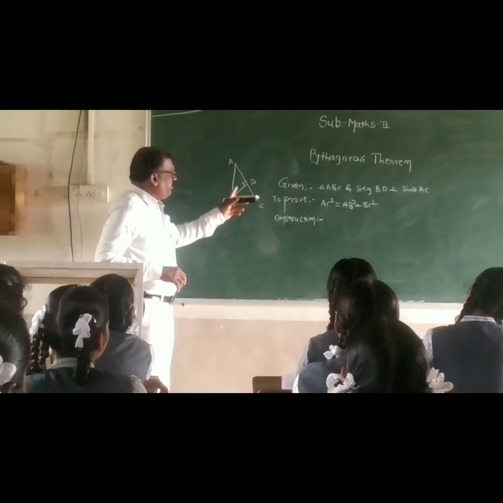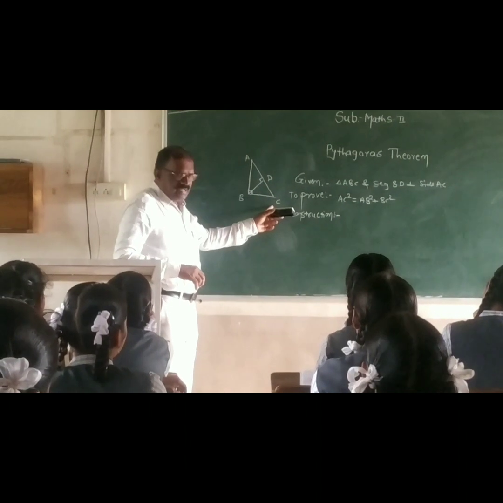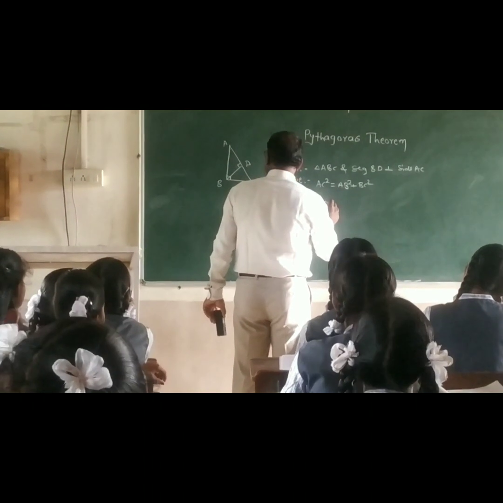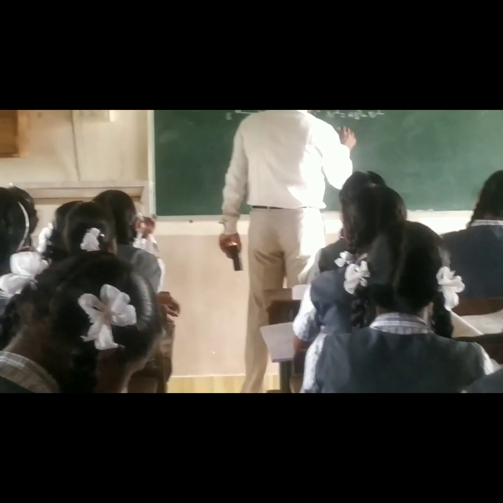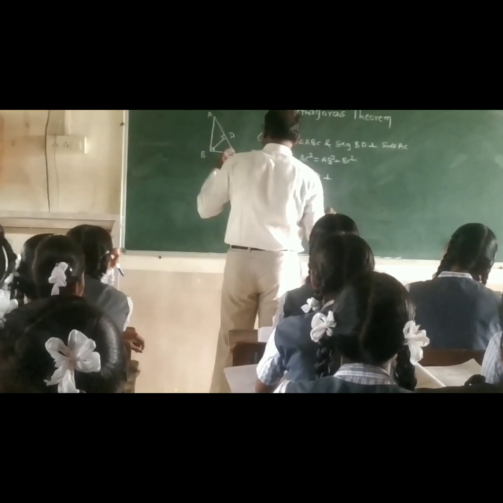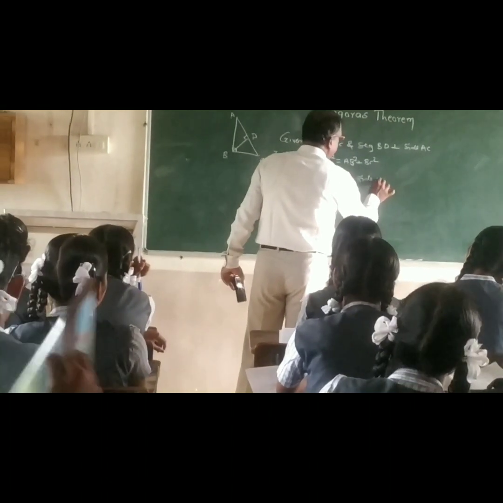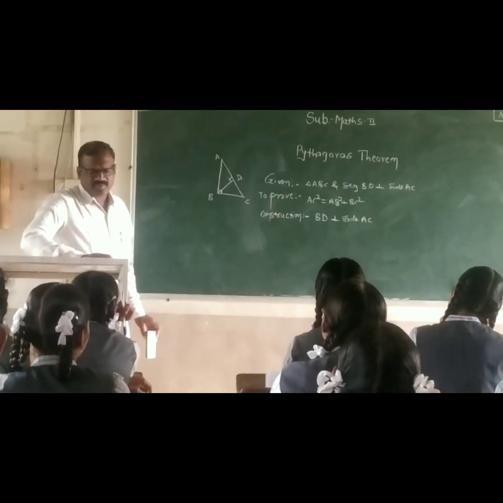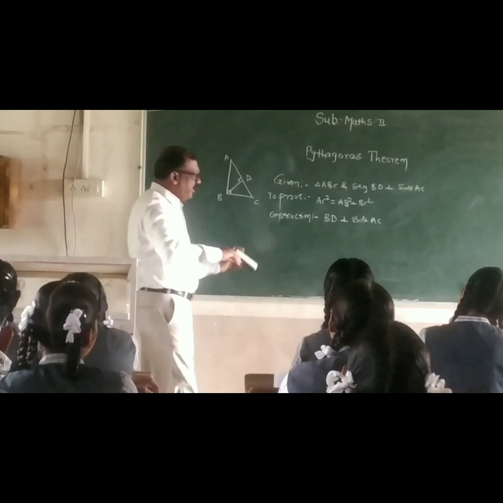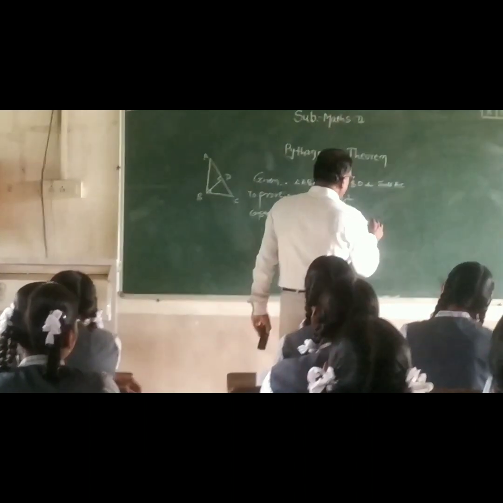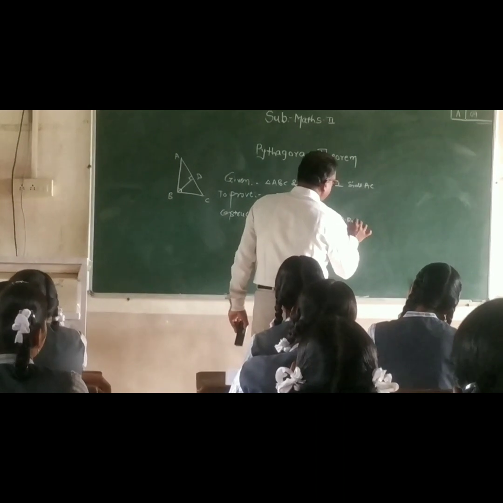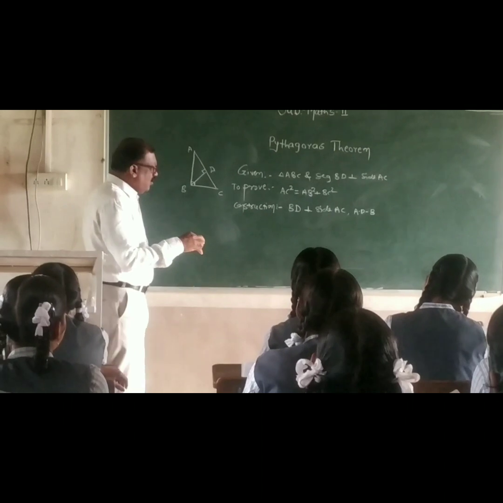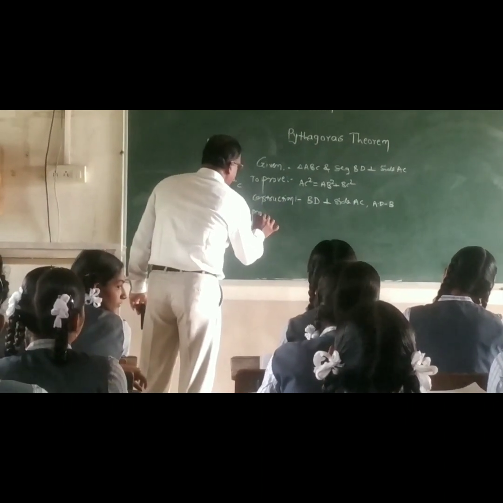Draw segment BD perpendicular on side AC, that is, join B to D, with BD perpendicular to side AC. Understand the point? You write it this way: draw perpendicular BD on side AC. And because of this, A, D, C will be on a single straight line.